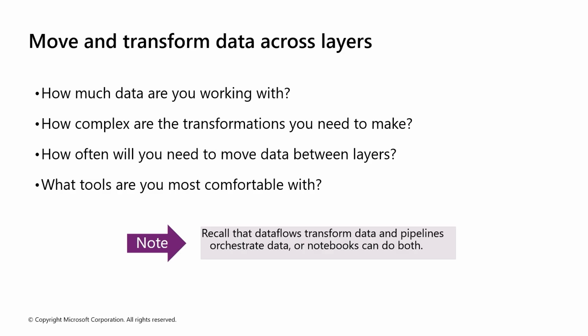Moving data across medallion layers refines, organizes, and prepares it for downstream data activities. And there's more than one way to move data between layers, ensuring that you can choose the method that works for your team. Here are a few things to consider when deciding how to move and transform data across, and understanding the difference between data transformation and data orchestration helps you select the right tools for the job within Fabric.